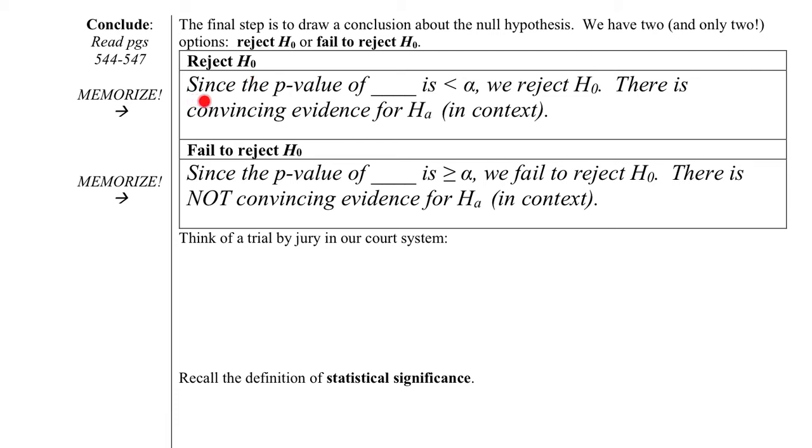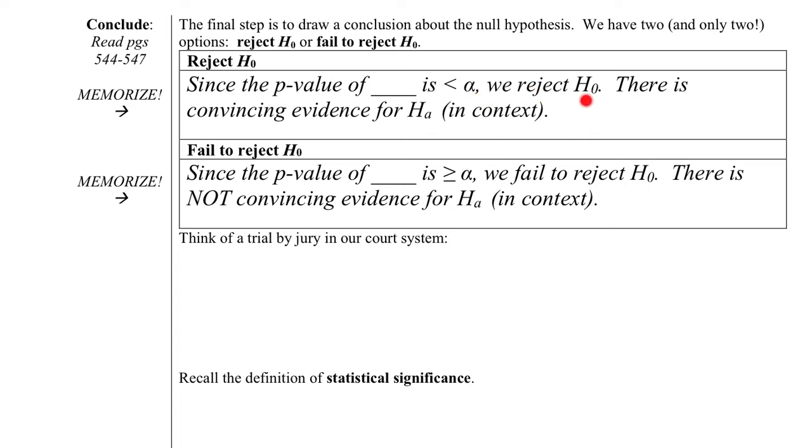So in this case, we'd say since the p-value of 0.00084 is less than alpha, we probably would set alpha at about 5%, or maybe 0.025 if we want to be more strict, but definitely it's going to be less than that area that we've created.